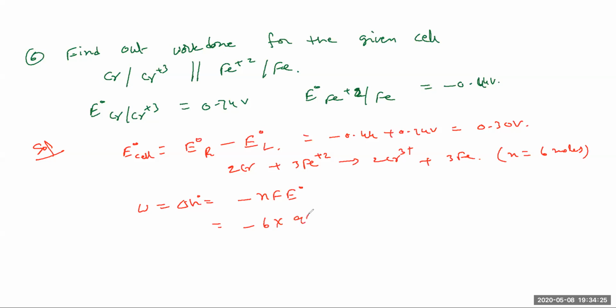F value 96,500 coulombs into, what is that value? 0.30 volts. So by calculating, we will get 173.7. So how is it in 6 moles?